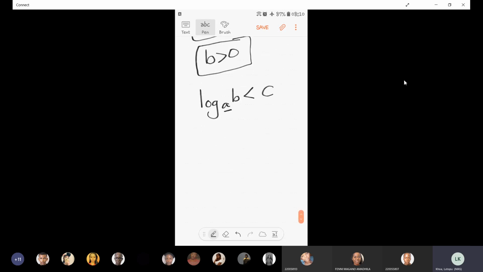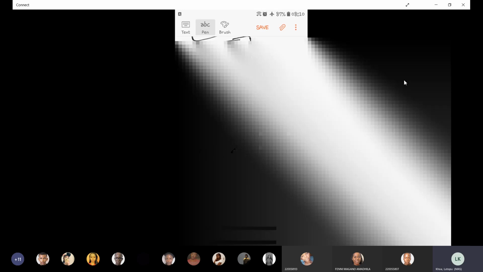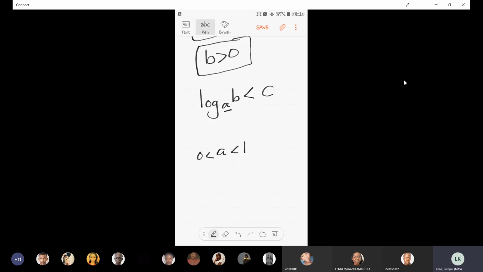Now if A is less than 1, what you will do is you will raise both sides, or both sides will have a base of A, and then the exponents. Let's look at an example.